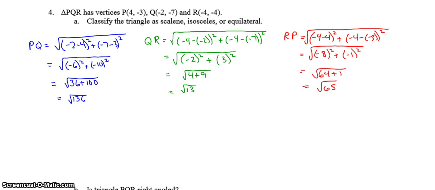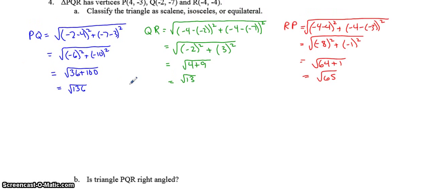All right, so they're all different lengths, so that means it's a scalene triangle.